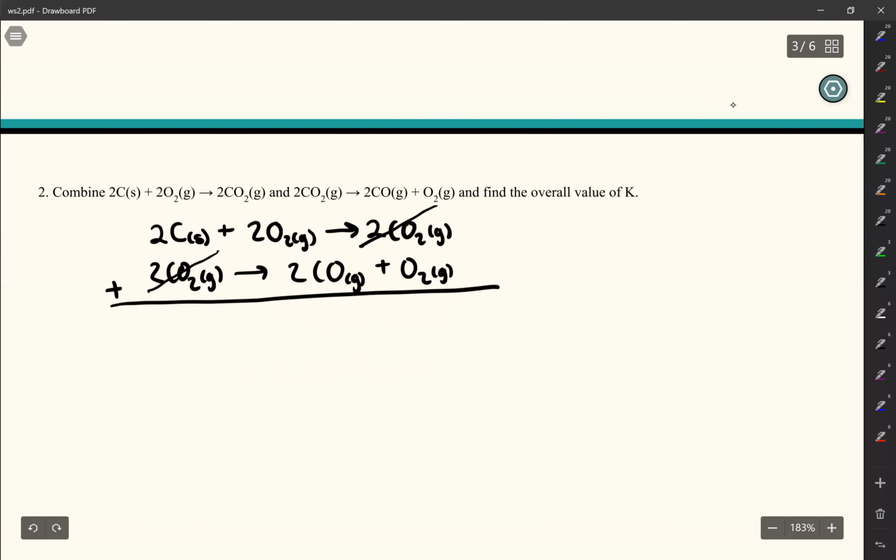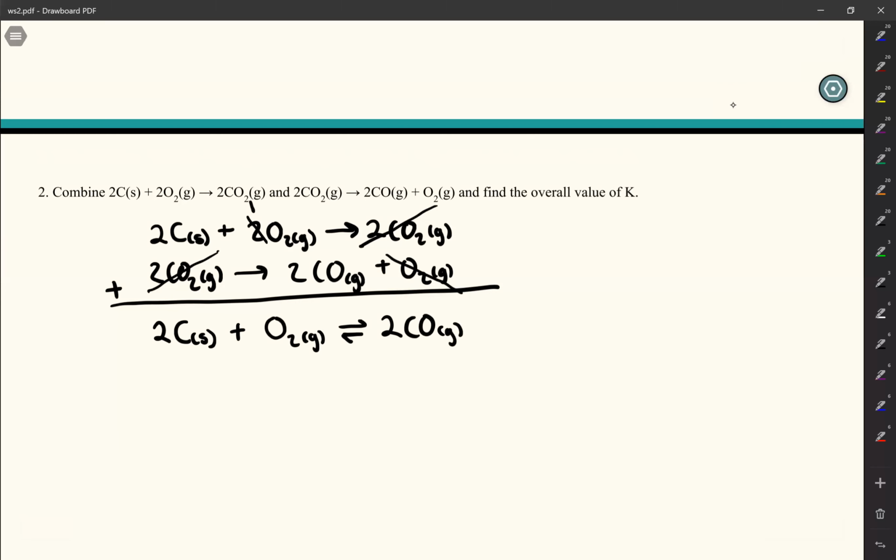You can also see that one oxygen cancels the oxygen on the product side, which makes this oxygen just 1. And when we add the equations together, we get 2 carbon solid plus 1 oxygen, equilibrium arrows, 2 CO gas.